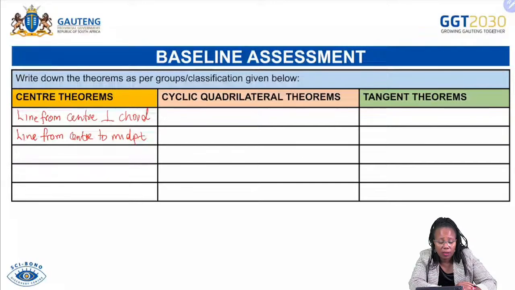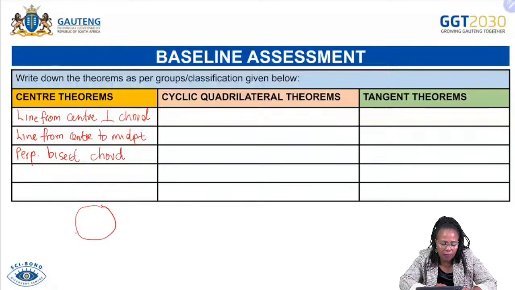And then the third one, we are still on center theorems. A perpendicular bisector of the chord. So that is how we abbreviate that. But it's talking about a perpendicular bisector of any line that is bisecting a chord.